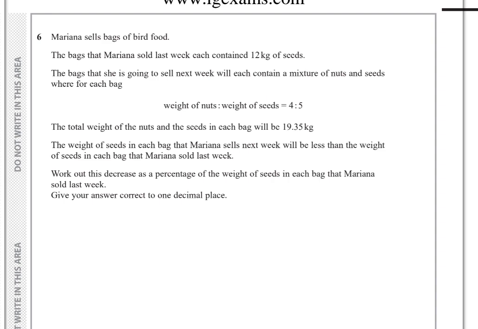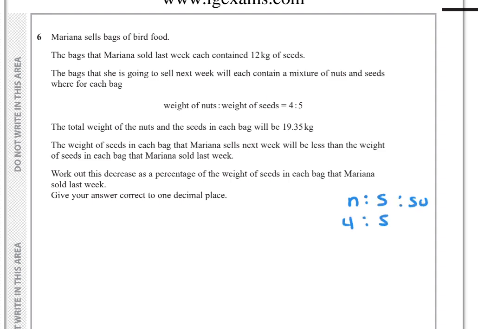Now the weight of seeds last week was 12 kg. We need to find the weight of seeds next week. The ratio between nuts and seeds is 4 to 5, and the total is 19.35.